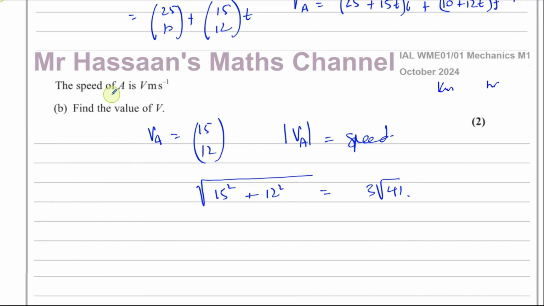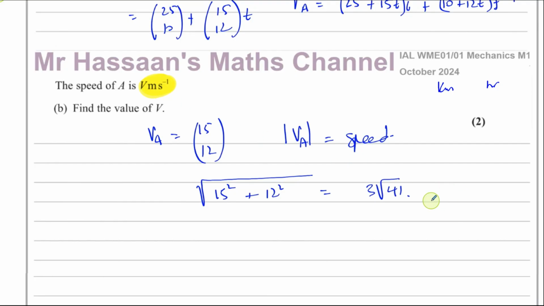And they want us to find the speed of A in meters per second. It's a bit of a sneaky one here, and to be honest it passed me by the first time. Normally they would put something like that in bold type, but you've got to be very careful, especially in an exam situation. A bit nasty of the examiner to sneak that in.